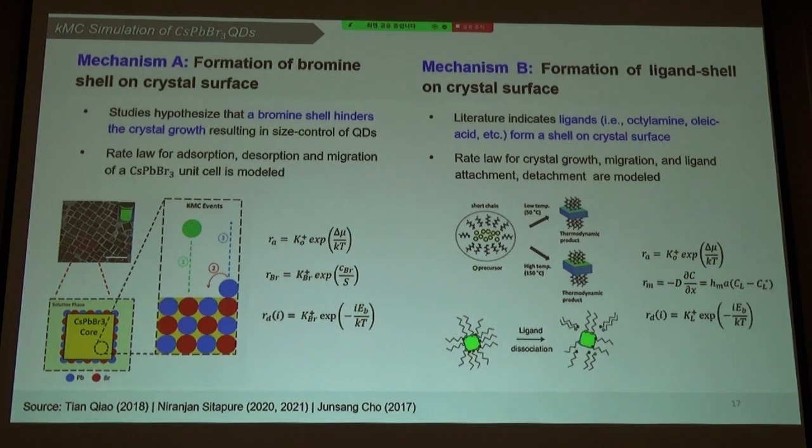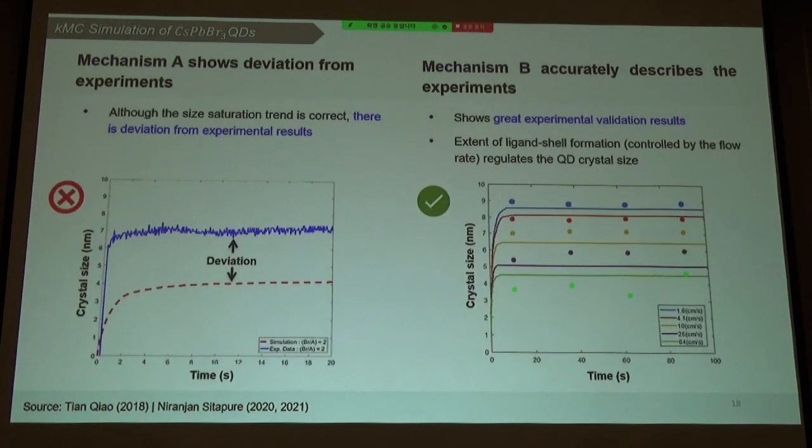So these two approaches require somewhat different modeling effort, and we compared which one actually provides a better result. According to the first approach, mechanism A, we compared our simulation result with experimental data, and you see there's some deviation.